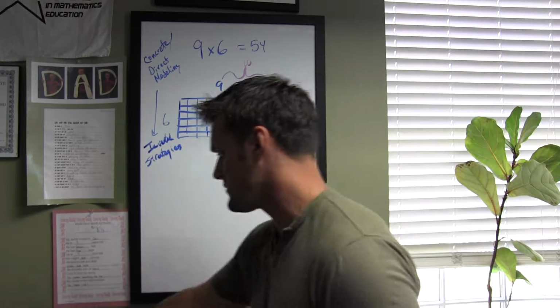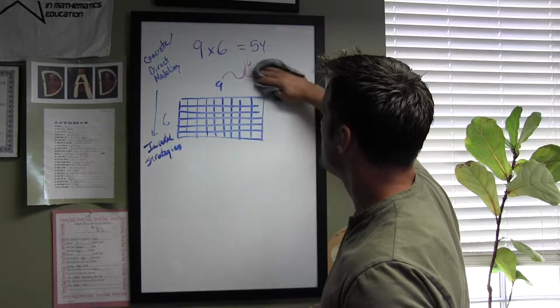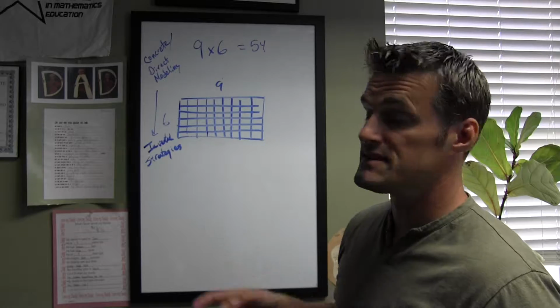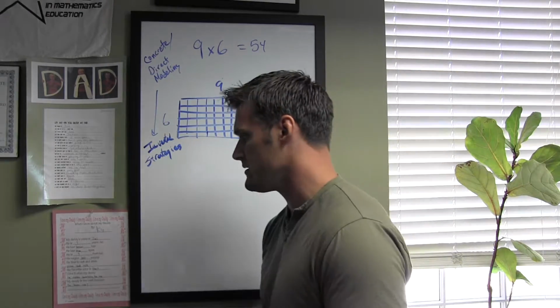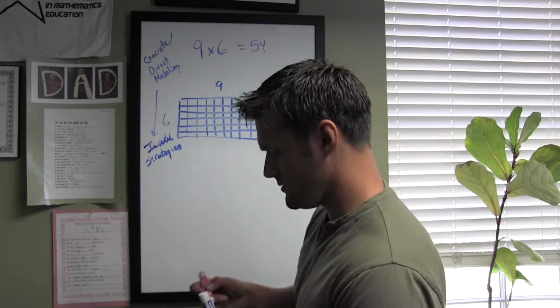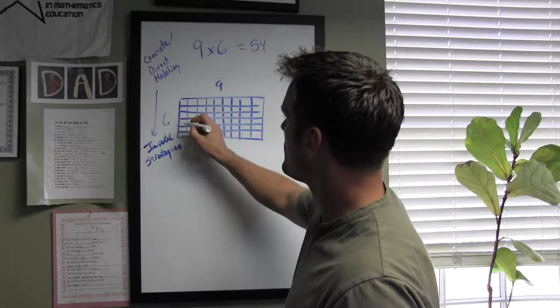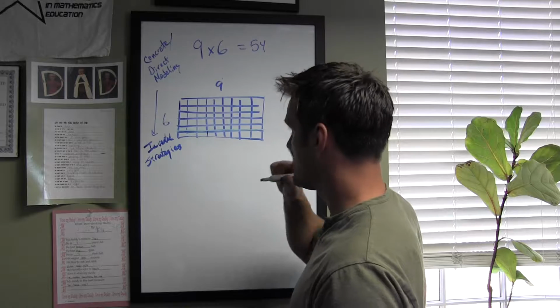Or they could also say, what's another way we could do this? Is to think, I don't know 9 times 6, but 9 times 5, I know that one. So let's see, maybe we'll do a different color here, green. So I know 5 times 6, or 5 times 9, right?